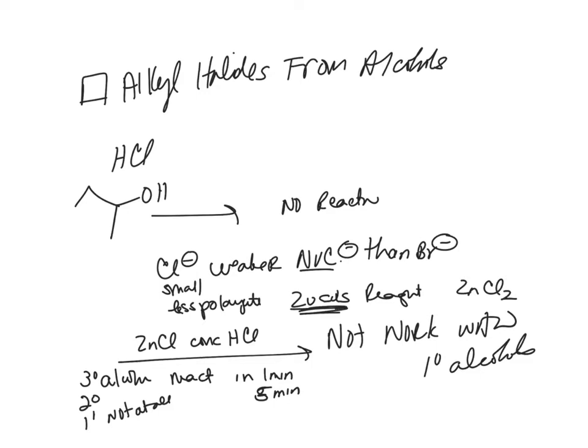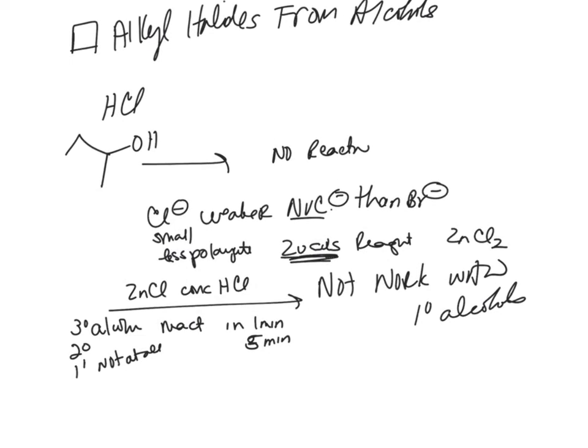And basically the mechanism here, so we'll look at a tertiary alcohol. So if you have a tertiary alcohol, okay, and you add the zinc chloride, the zinc is a Lewis acid, so it will accept these electrons from oxygen, and that's what a Lewis acid does.